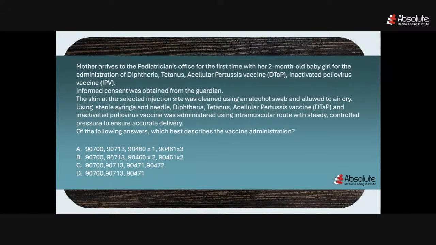Using a sterile syringe and needle, DTaP and inactivated poliovirus vaccine were administered using intramuscular route with steady, controlled pressure to ensure accurate delivery. Which of the following best describes the vaccine administration?